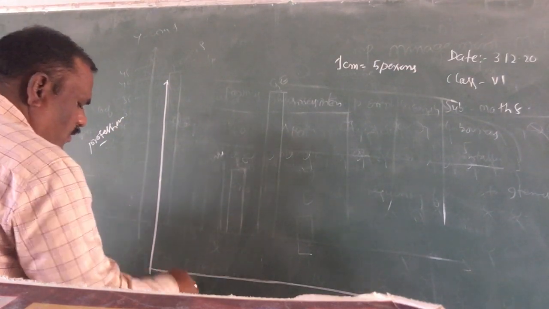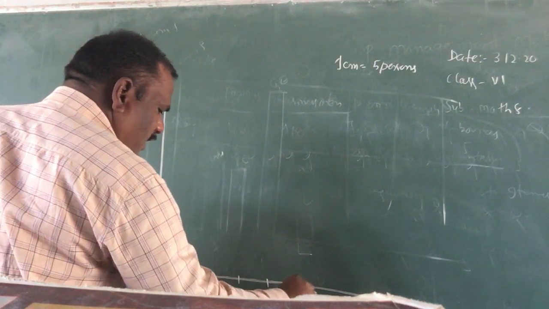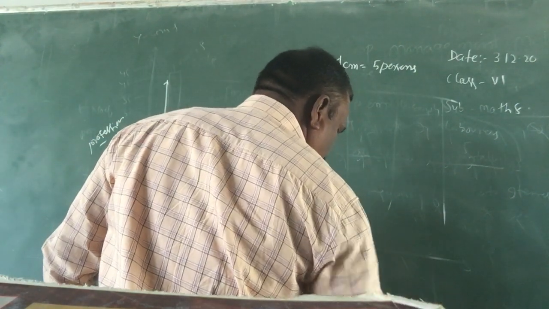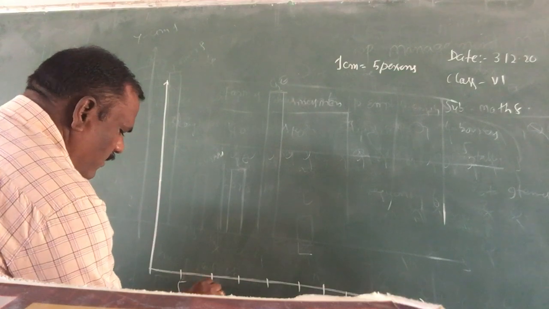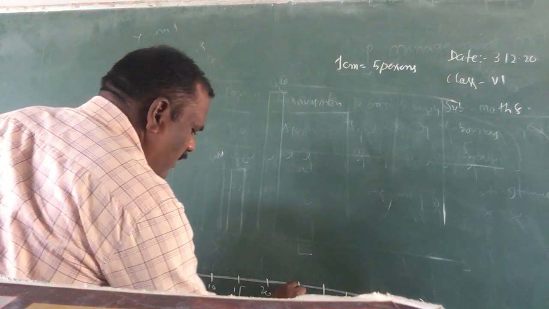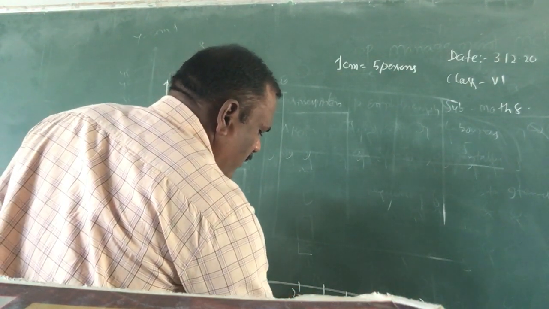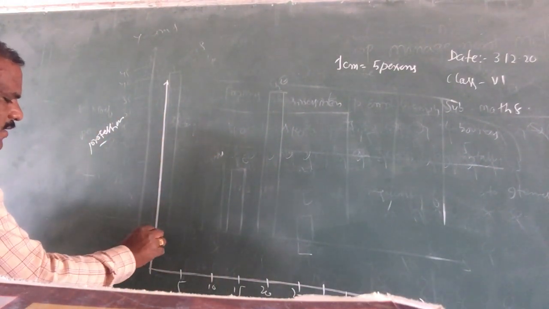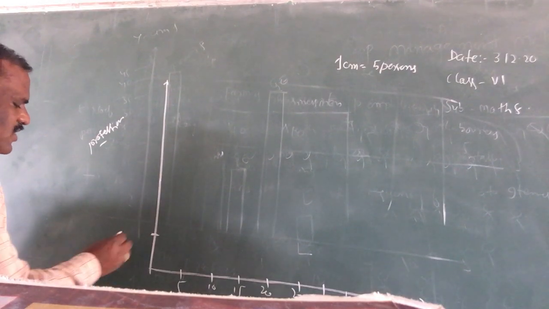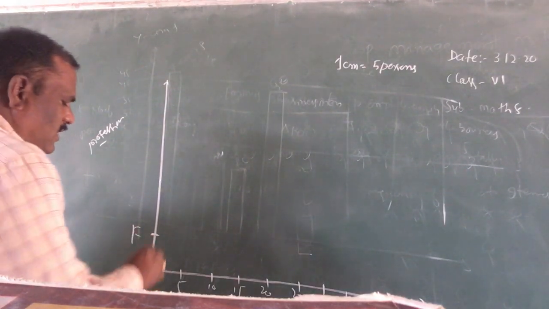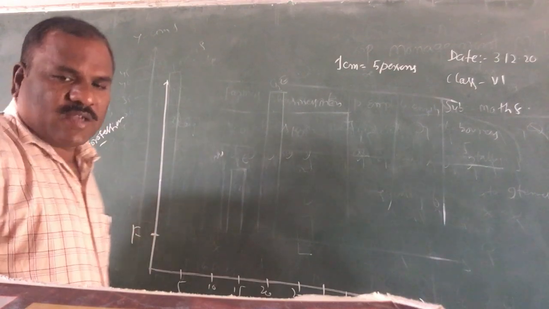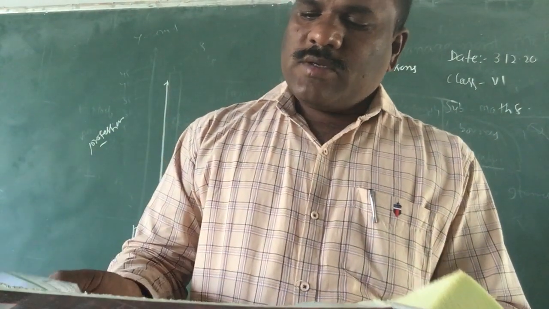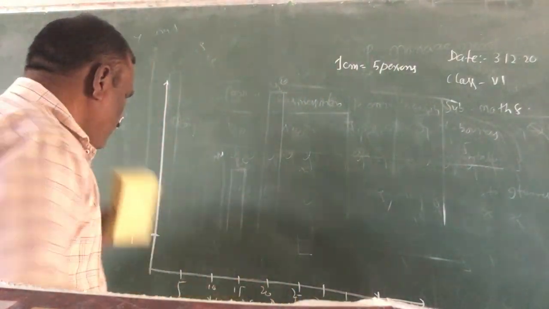Here 5, 10, 15, 20, 25, 30, 35, 40, 45, and so on. The first profession is farmers. How many farmers are there? 40 members are there, so drop directly to 40.